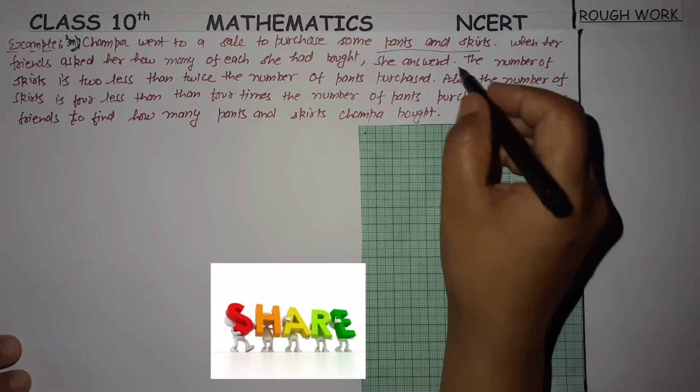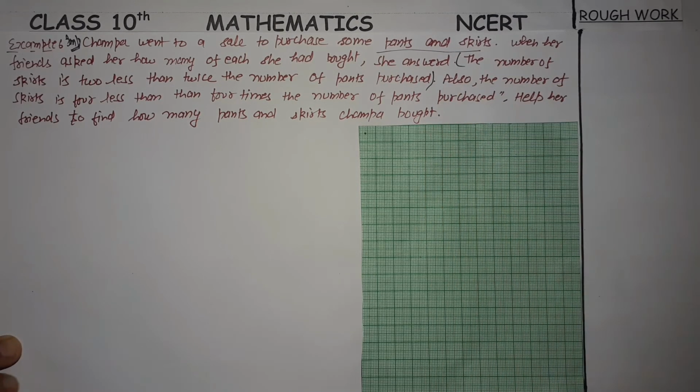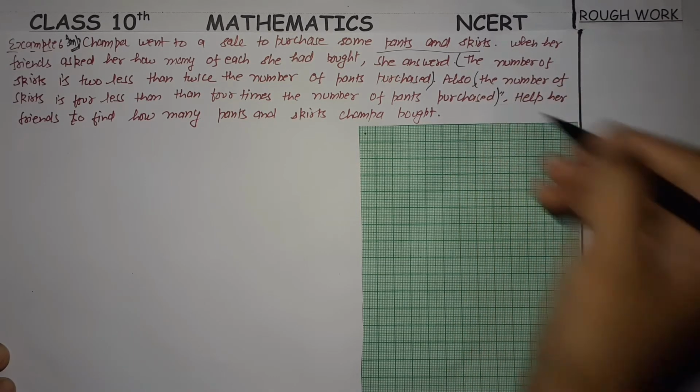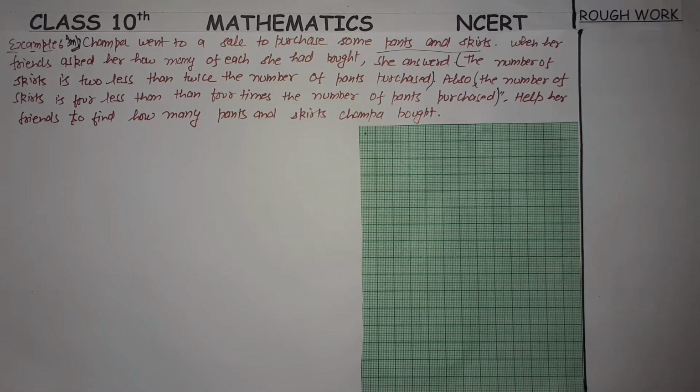One statement comes from this line. Also, the number of skirts is 4 less than 4 times the number of pants she purchased. Another equation comes from this line. Help her friend to find how many pants and skirts Champa bought.